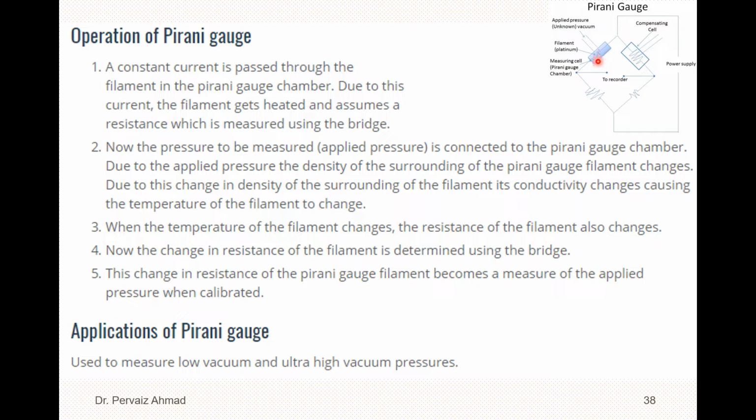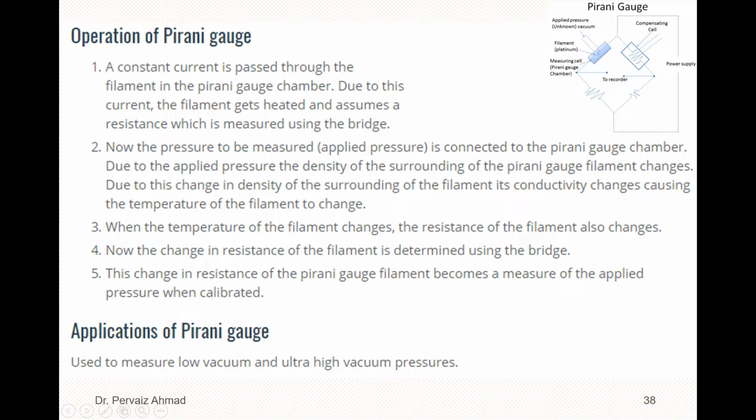The change in the resistance of the filament is determined by using the Wheatstone bridge setup. This change in resistance of the Pirani gauge filament becomes a measure of the applied pressure when calibrated. This is how the Pirani gauge does its operations.